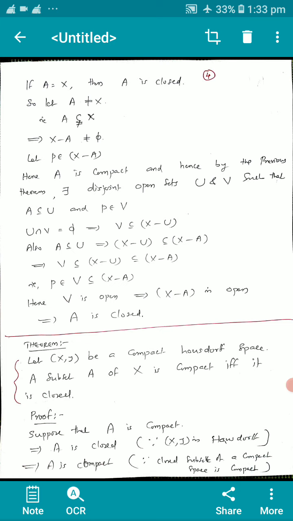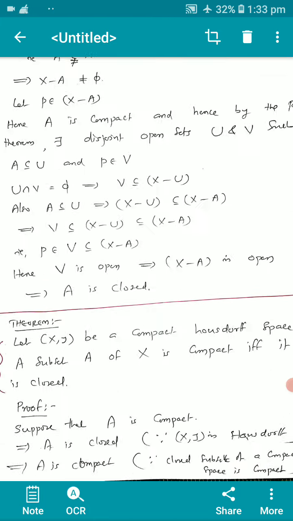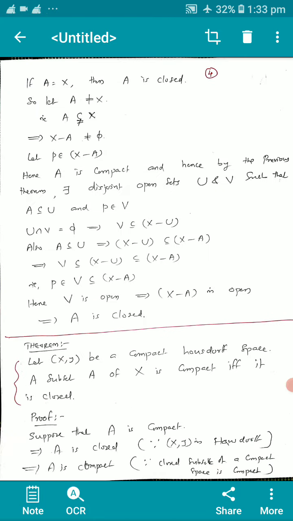This implies V is a subset of or equal to X minus U. Also A is a subset of or equal to U. This implies X minus U is a subset of or equal to X minus A. So V is a subset of or equal to X minus U, which is a subset of or equal to X minus A. That means p is an element of V which is a subset of or equal to X minus A. Here V is open. That means X minus A is open. That means A is closed.